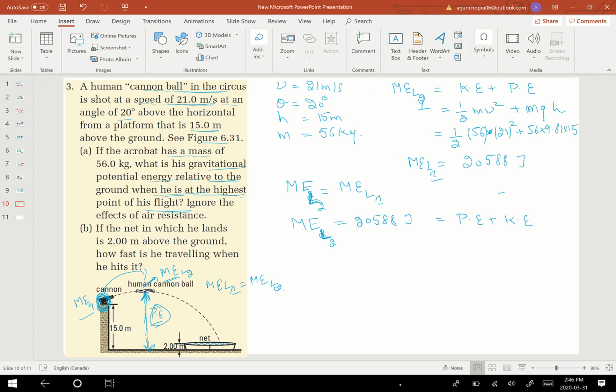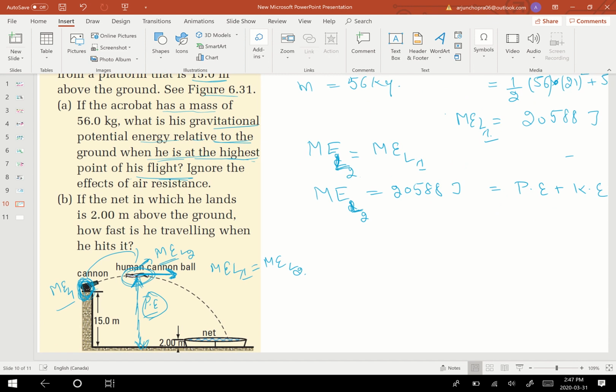Now this becomes a little tricky here. What is the kinetic energy at this point? Because this human cannonball is still moving in the forward direction, there is kinetic energy, but there is no vertical component.